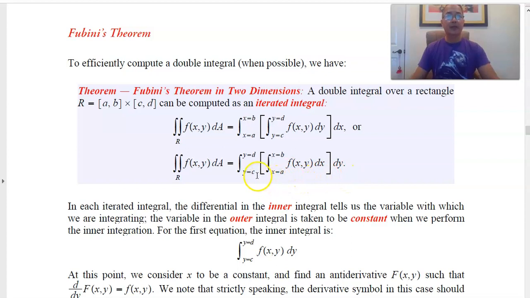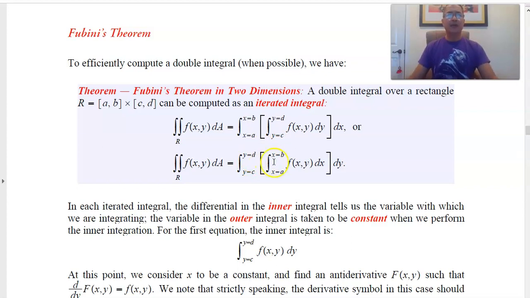So the same double integral can also be written as the integral from y equals c to d, dy on the right, of another integral, x from a to b, of the same function, dx. So dx and dy changed positions, and the limits with the labels also change positions.